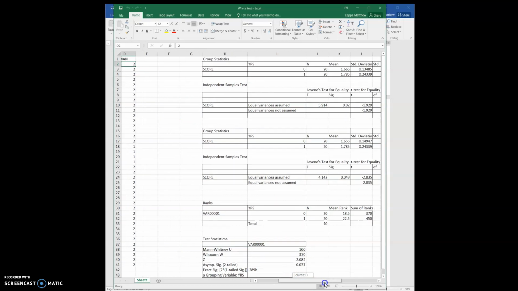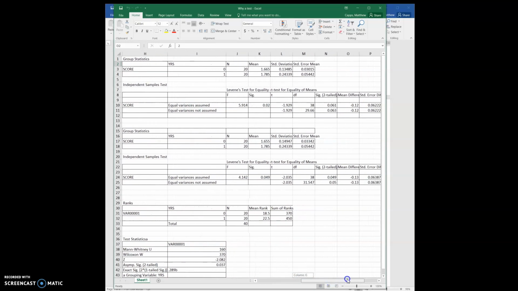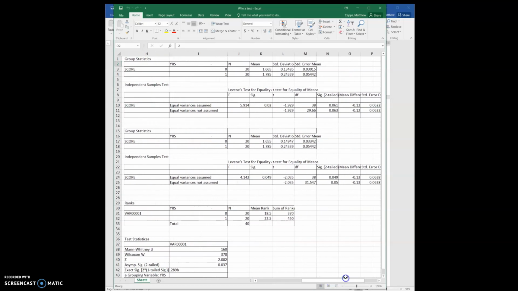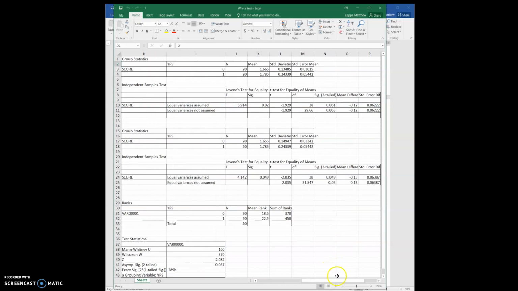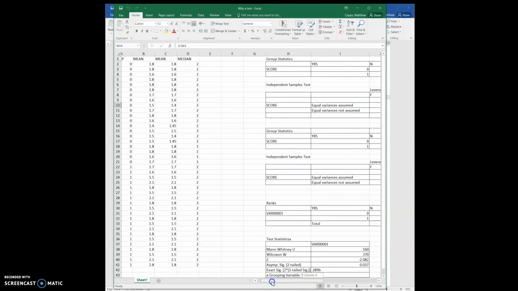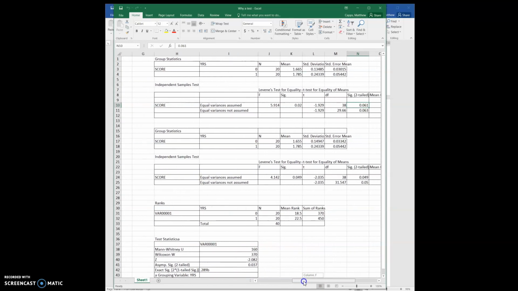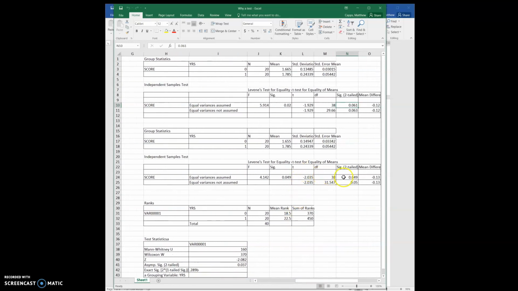So here's what I want to show you. In the first example, where we did round up, we get a mean, standard deviation, and we discover that there is no significant difference because that value is not less than 0.05. If we don't round up, I want you to see what happens.